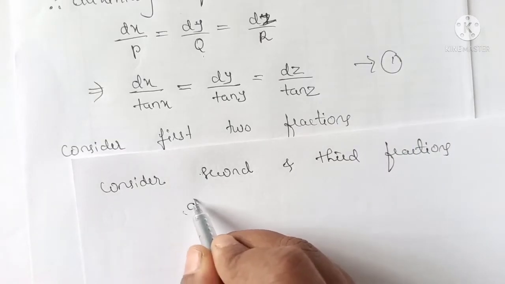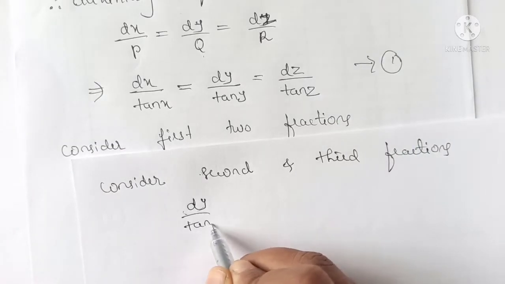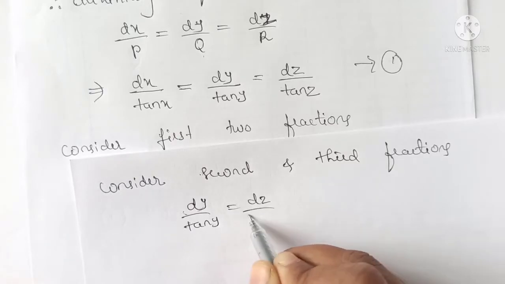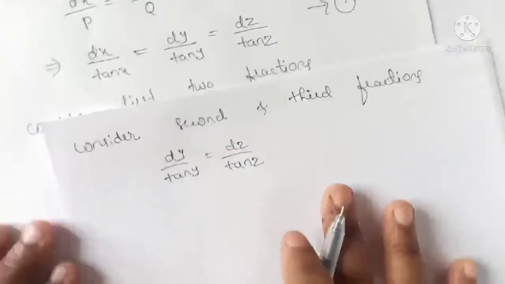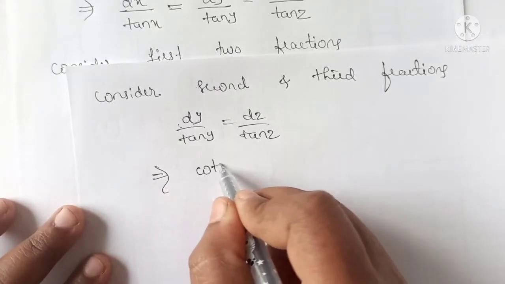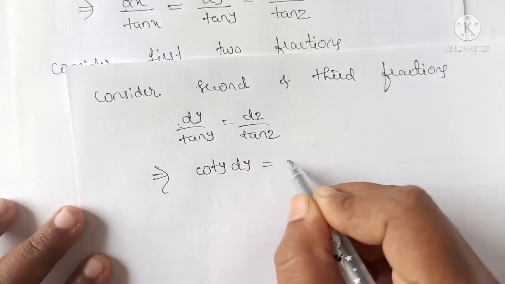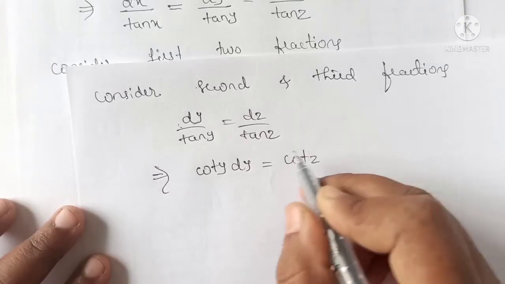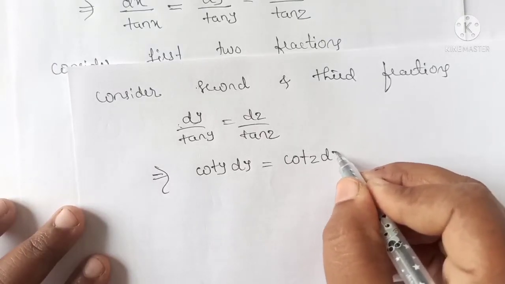We get dy divided by tan y equals dz divided by tan z, which gives cot y dy equals cot z dz.